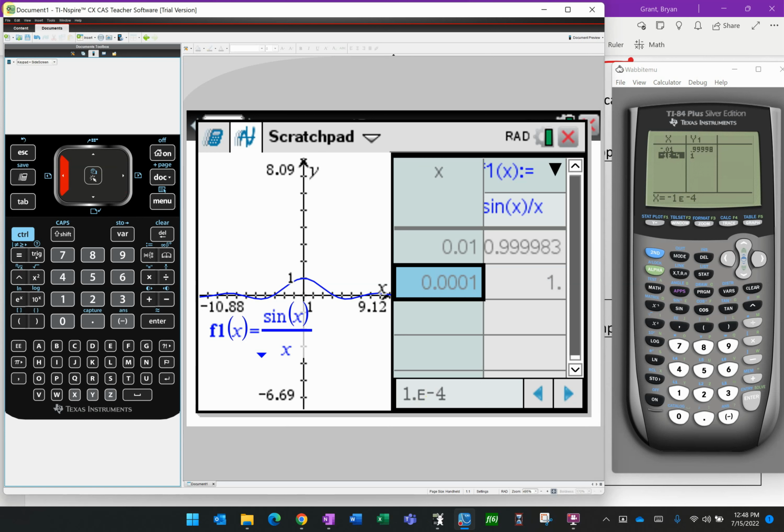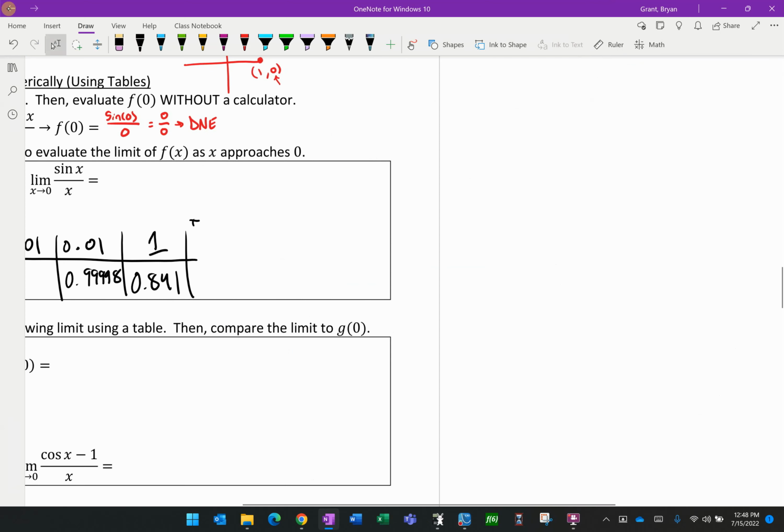We do need to remember our scientific notation. If you see 1 e negative 4, what that really means is 1 times 10 to the negative fourth. And we know if we multiply by 10 to a power, it either moves the decimal to the right if it's a positive exponent, or to the left if it's a negative. So this is the same thing as 1, 2, 3, 4, which is that 0.0001.